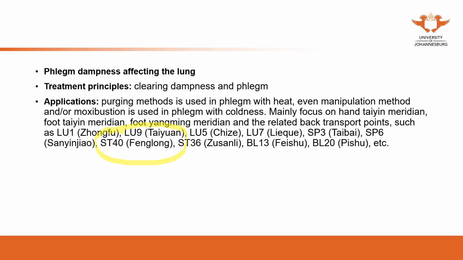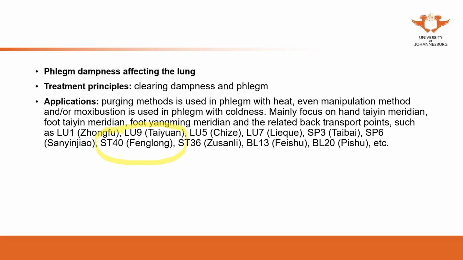So stomach 40 is one of the most important points that we're going to focus on. Stomach 40 can clear the phlegm, including the visible and invisible phlegm. The next time you see a patient coughing with a lot of sticky phlegm, no matter what color, the first point you're going to think about is stomach 40.